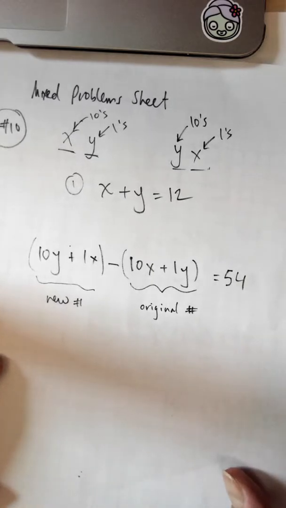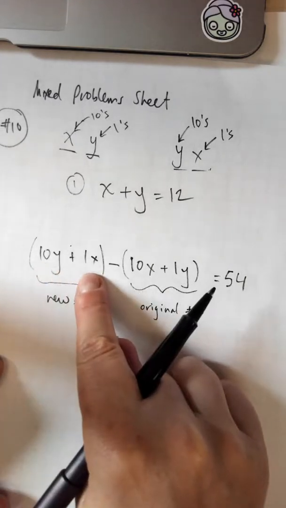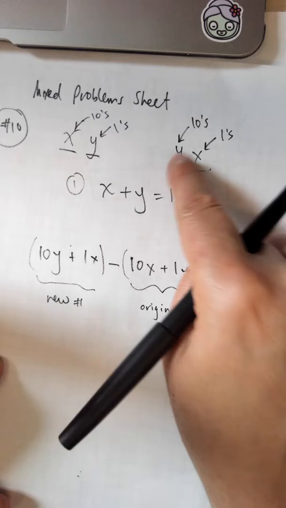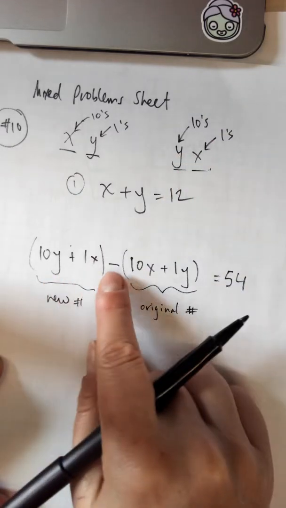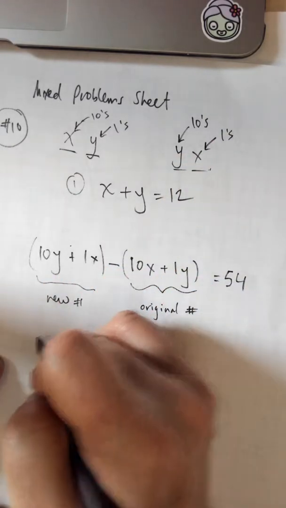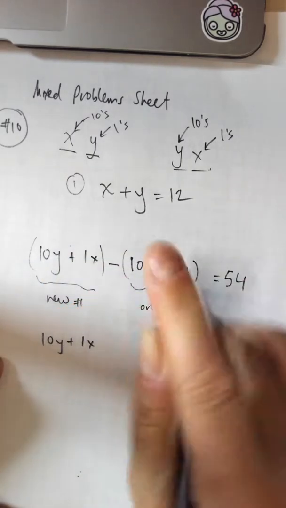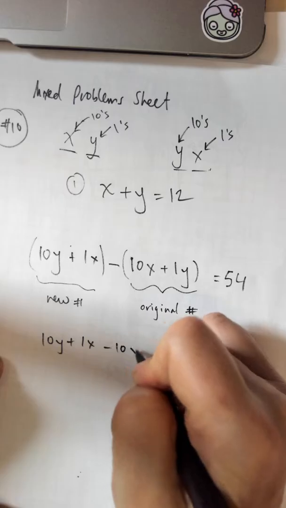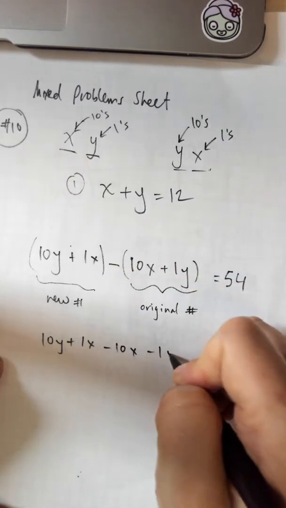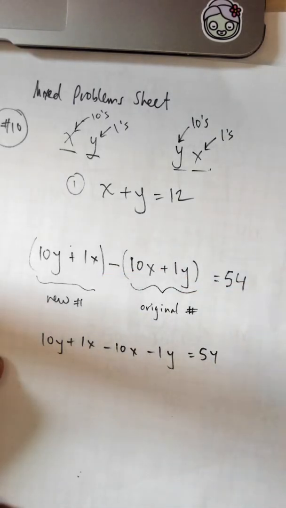This just means that we've taken the two digits and figured out their value, and then we subtract the original number. So let's rewrite the problem. 10y plus 1x minus 10x minus 1y equals 54.